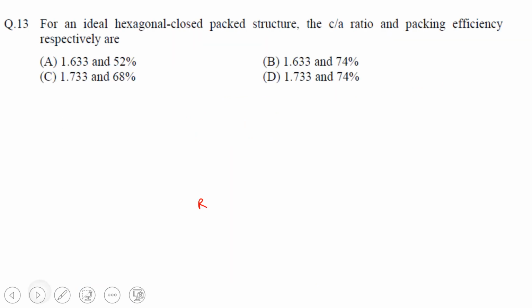Now let us move to the next question. For an ideal hexagonal close packed structure, the c by a ratio and packing efficiency respectively are.